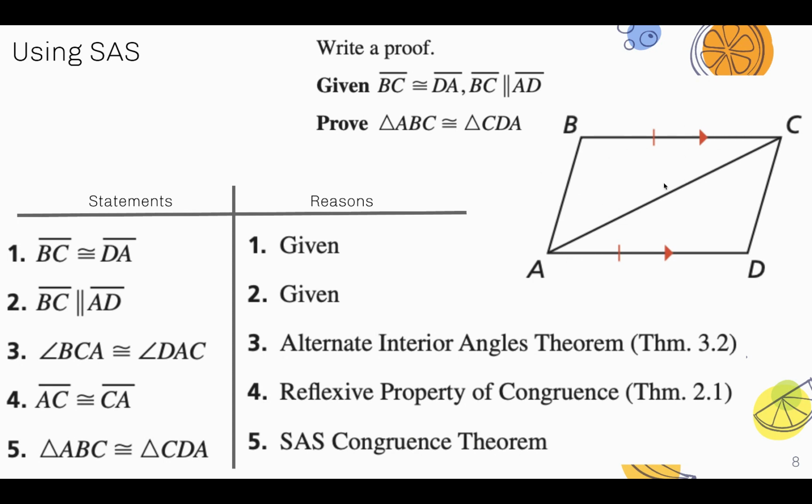So if we're naming this top triangle, triangle ABC, on the bottom triangle, which vertex matches with A? It's actually vertex C. Then from B we're going down to D, and then we're going to A. So it's triangle CDA.